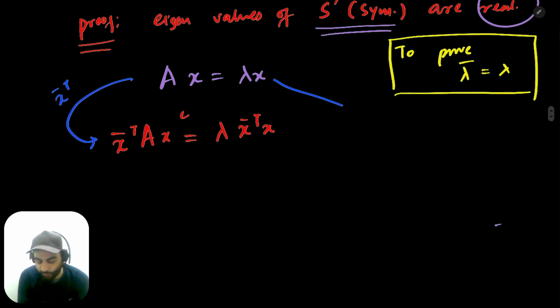Now I also want to get one more equation by applying the conjugate on the whole equation. That will be A x bar is equal to lambda bar x bar.